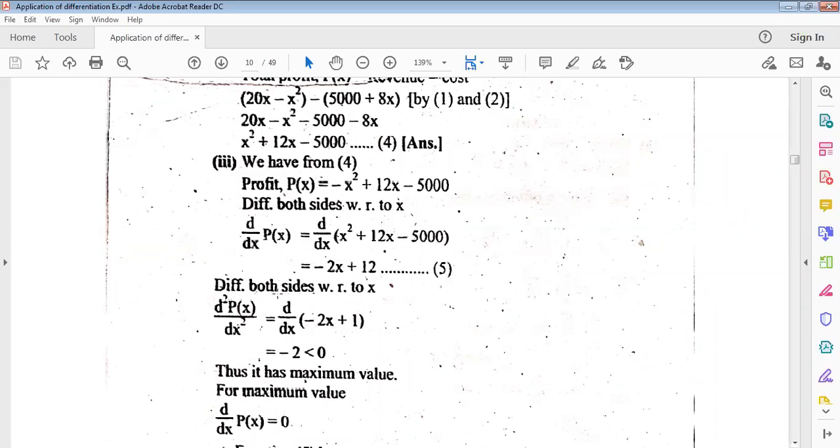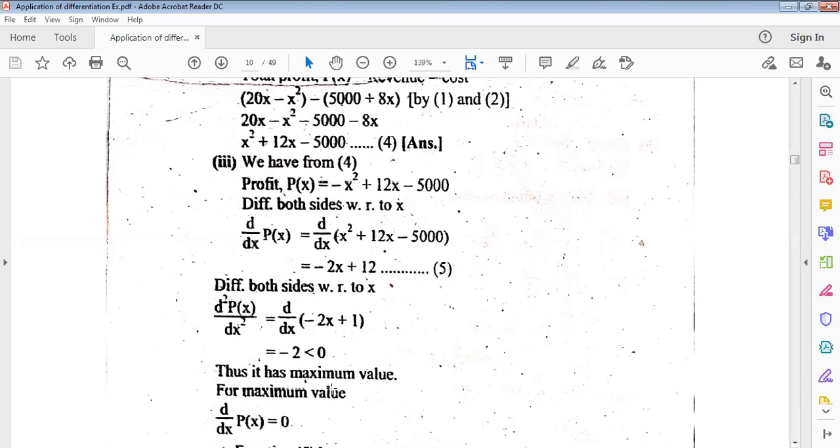Now differentiating again, the second derivative d square P/dx square equals d/dx of minus 2x plus 12. Differentiation of x is 1, so 1 multiplied by minus 2 is minus 2, and the constant gives 0. The second derivative test gives a negative result, which is why we can decide the profit is maximum.